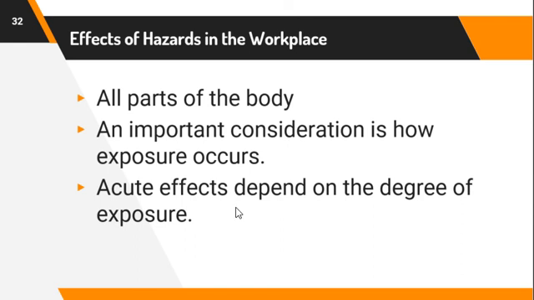The acute effects depend on the degree of exposure. That's why we also have the TLV, for the company to know the limit of the exposure of a certain individual to a chemical content.